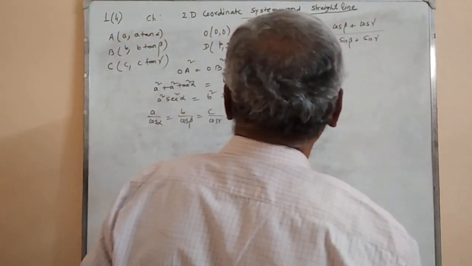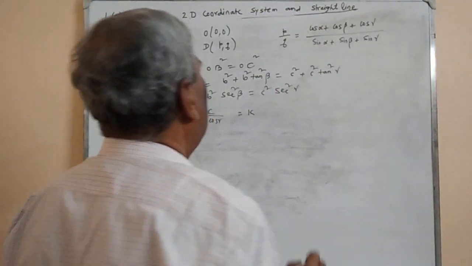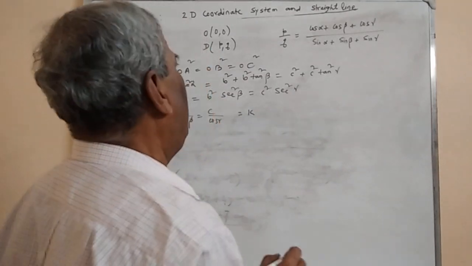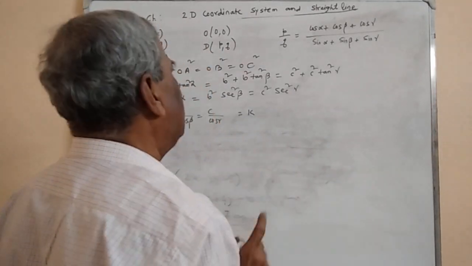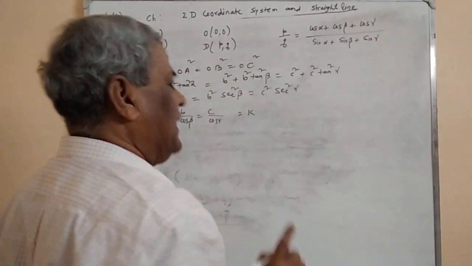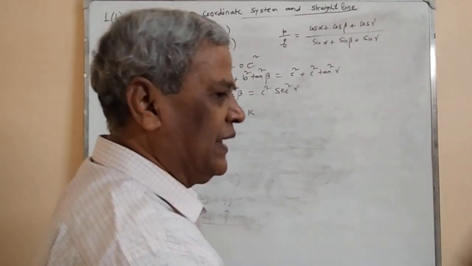Moreover, one more thing we know, that for any triangle, its circumcenter, centroid and orthocenter are collinear.